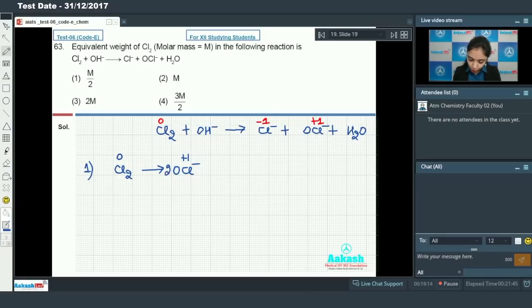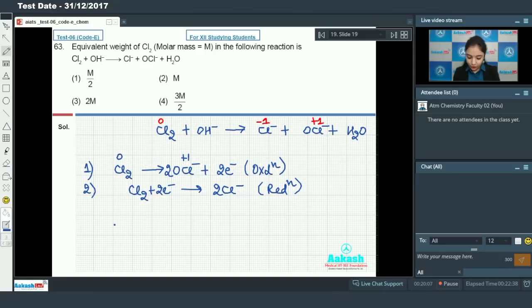So here it will be 2 OCl⁻ and here 2 electrons. So this is the oxidation. Now write the reduction part. Balance the chlorine atoms and here also 2 electrons. So this is the reduction reaction.